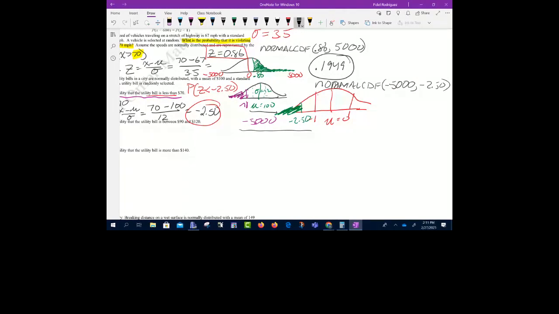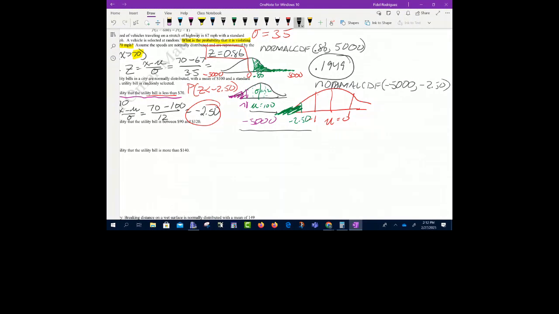If I look at my picture and we said, look, we're going to go less than negative 2.50, so we're going that way, right? So where are we starting? We're really starting at negative infinity, but we can't plug in negative infinity, right? So we're just using a really, really small negative number, like negative 5,000. And then when do we end? At negative 2.50, right?